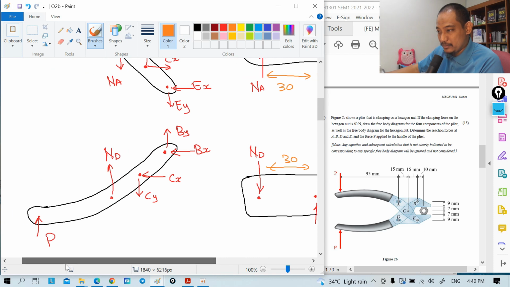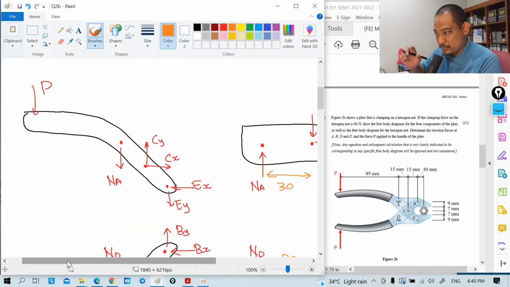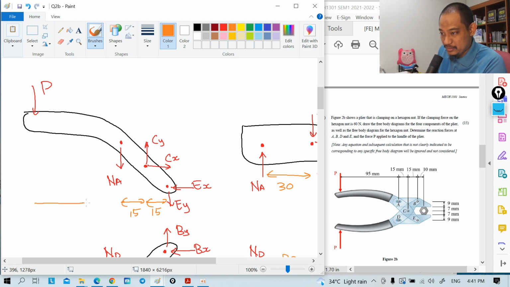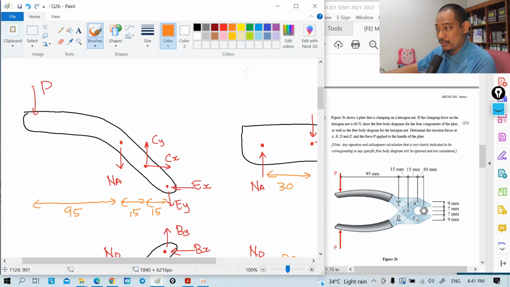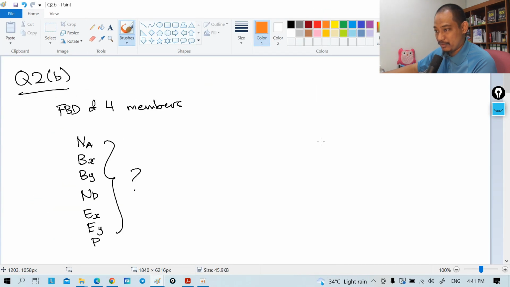Now for this one, from E to C it's 15, so this is 15, this is another 15, right? From C to A another 15, and this is 95, and it goes both ways. Down here is the same as well, 15, 15, 95. Alright, now we have everything here.